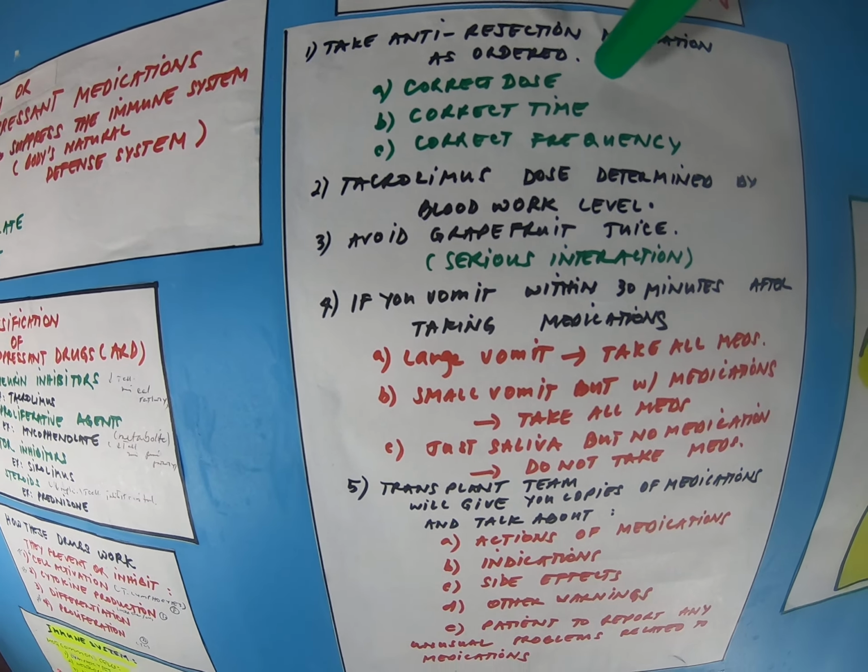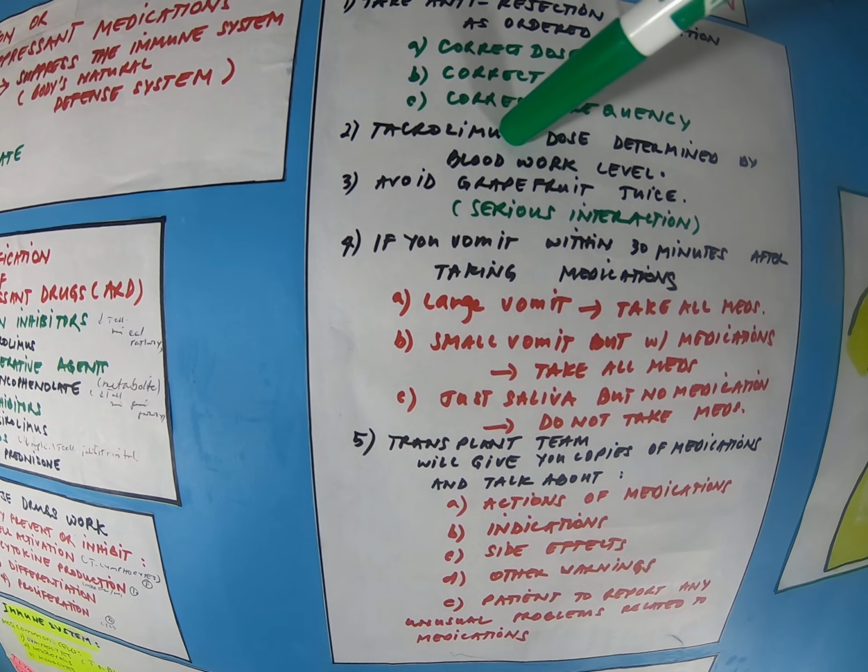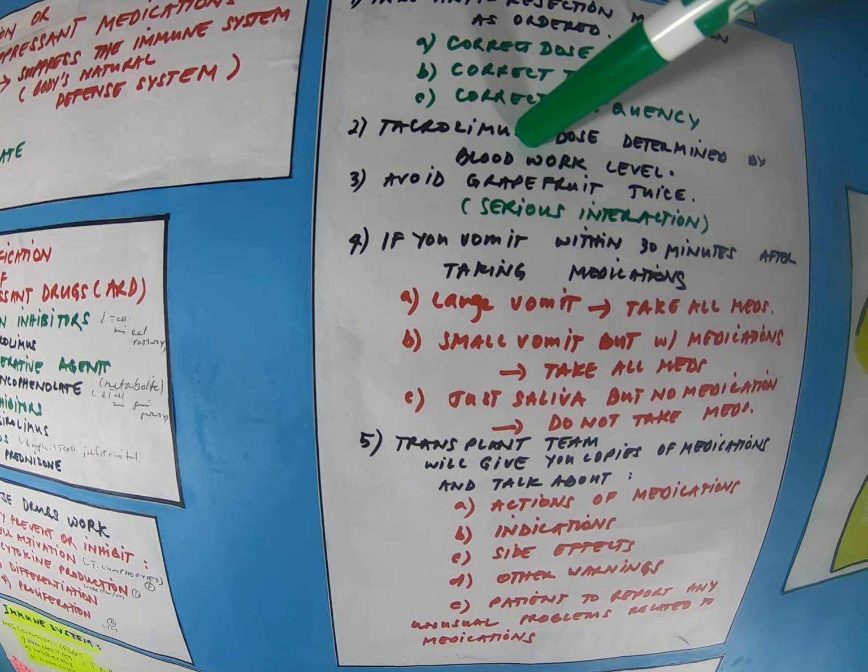The tacrolimus dose is determined by the blood work level. If the blood level is very high, then the doctor will reduce the dose of the tacrolimus. If the blood level is too low, then the doctor will increase the tacrolimus dose.